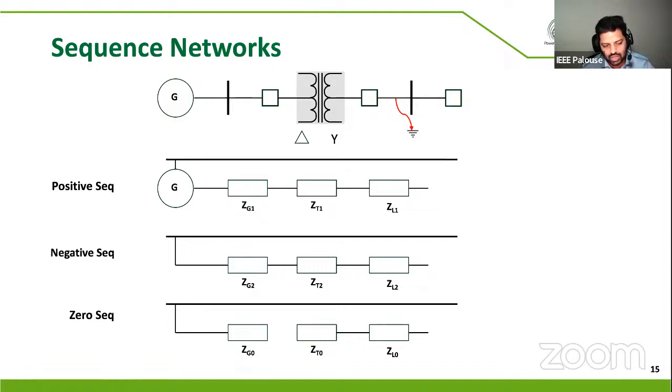When all three zero sequence components are exactly in phase, they all enter the delta winding at the same point, and there is no way they will complete their path within the delta winding. That's the reason they are all trapped and circulate within the delta winding. And that's the reason we show the representation here saying that the zero sequence components will not transfer from the delta to the Y side.